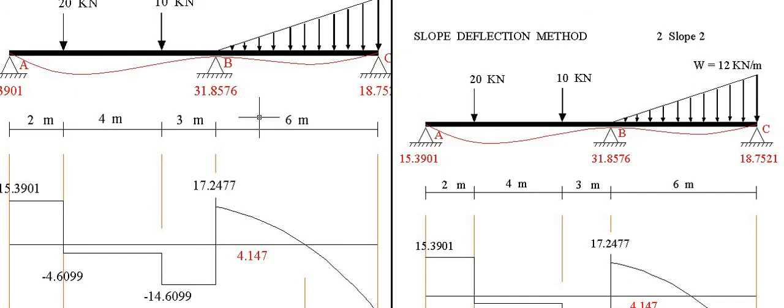Now this is the deflected beam. Positive here, negative here, then negative here. The moment here is bigger than the moment in the interior span.